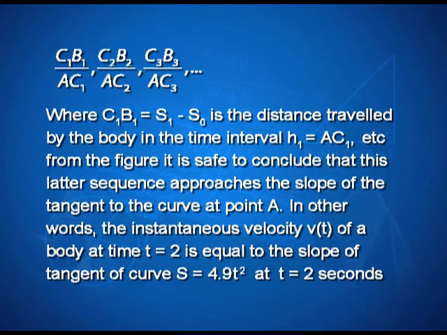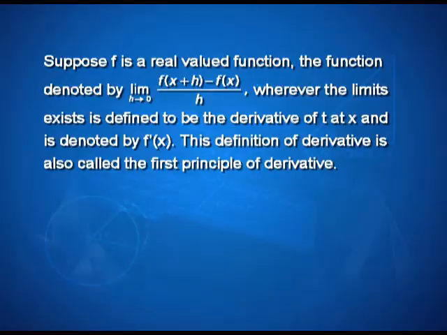Now, students, to have an idea about the derivative, let us take a function f, a real valued function. The function denoted by limit of f of x plus h minus f of x upon h as h tends to 0, wherever the limit exists, is defined to be the derivative of f at x and is denoted by f dash x.